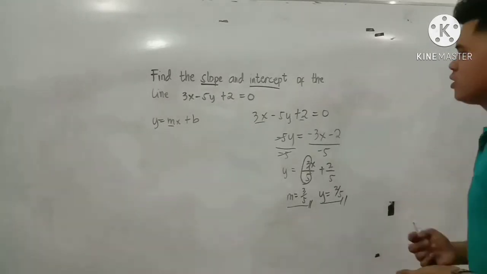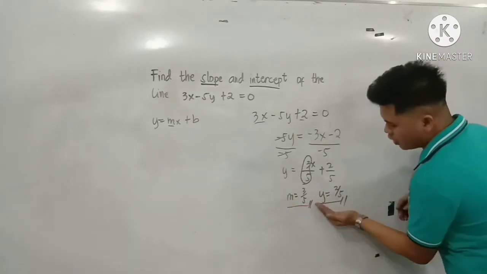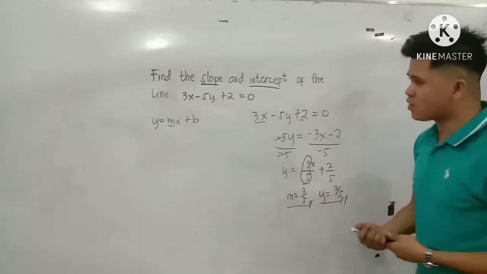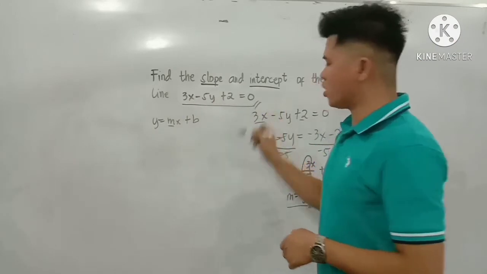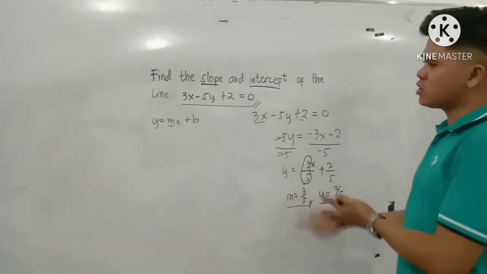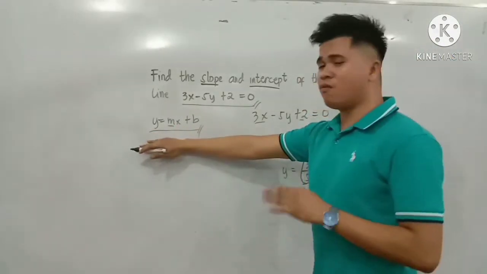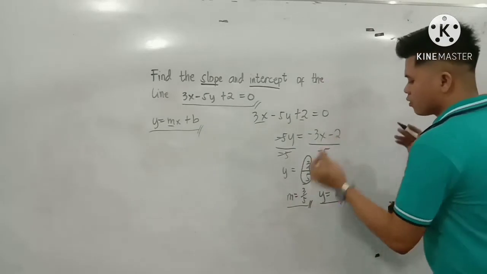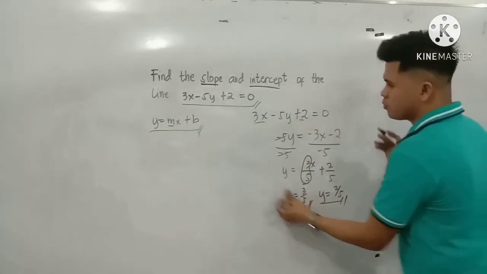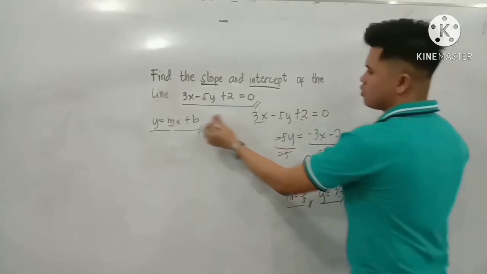Now, how about if the given are the slope and the y-intercept? Our task is to find the linear equation. Is it possible? Yes. We can also use this given form, this slope-intercept form. Then we have to substitute the slope into this m and then the y to this b.